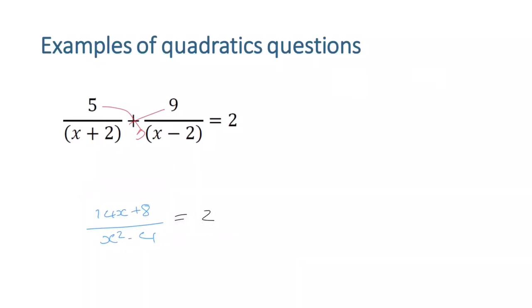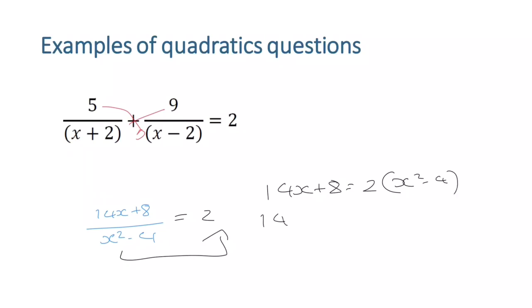What you typically do next is times both sides by x squared minus 4. So 14x plus 8 equals 2 times (x squared minus 4). Expand this bracket, which is 14x plus 8 equals 2x squared minus 8.